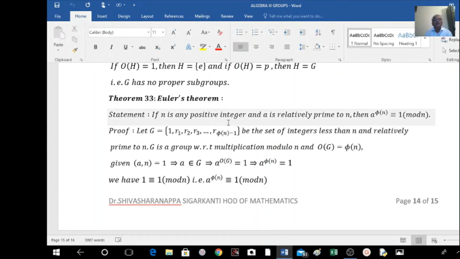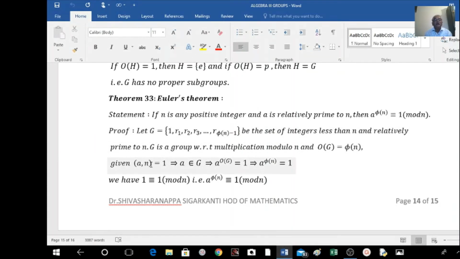And we know that this set forms a group with respect to multiplication modulo n. This consists of totally phi(n) elements. That is, order of G is equal to phi(n), and this is a group with respect to multiplication modulo n.